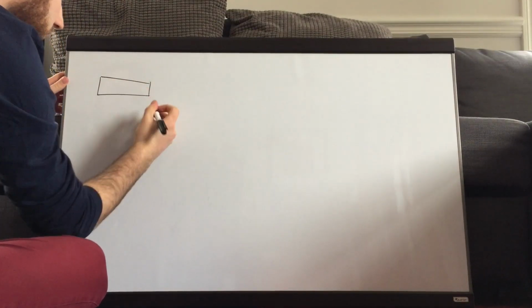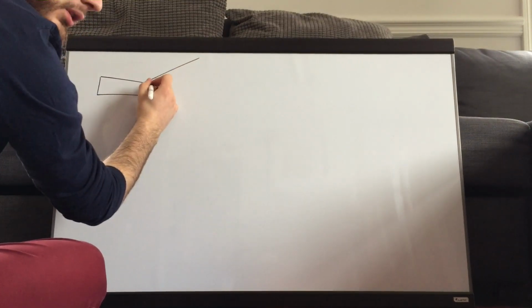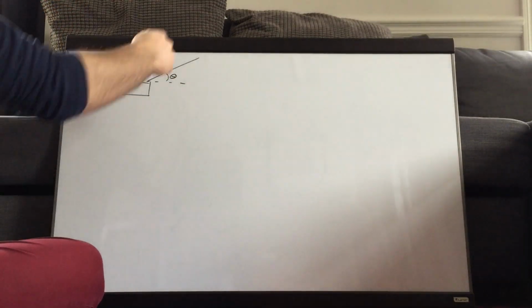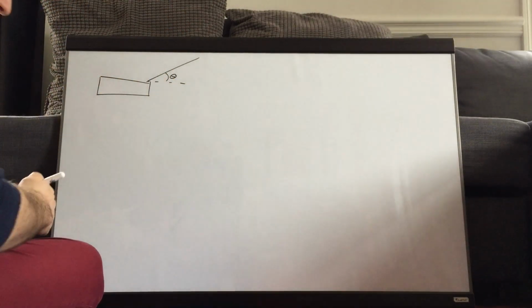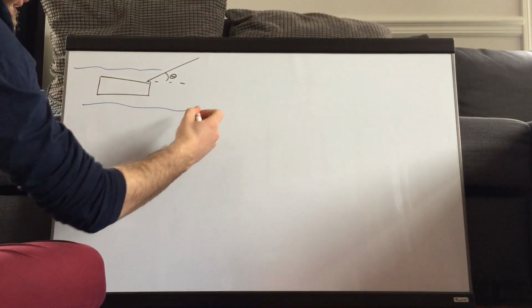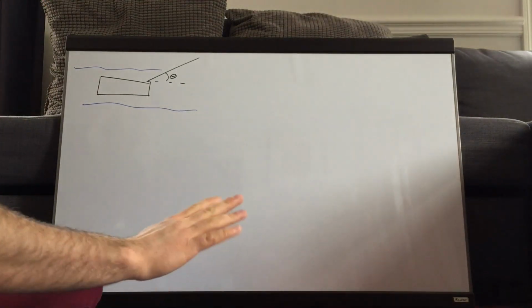We have a barge here that's being pulled by a rope at some angle theta by a horse, and it's in the middle of a river. We're looking at a top-down view, and we are told a couple of different things.